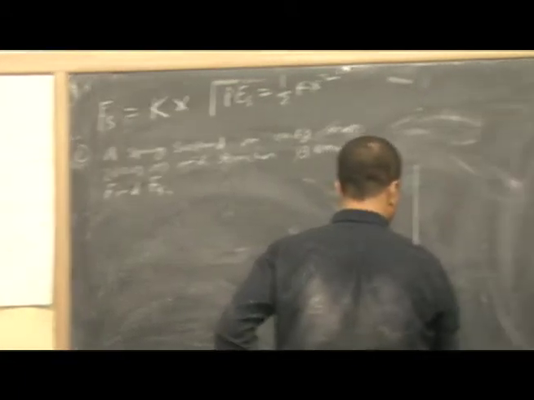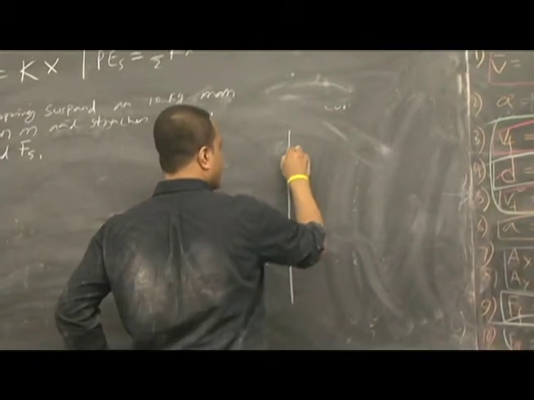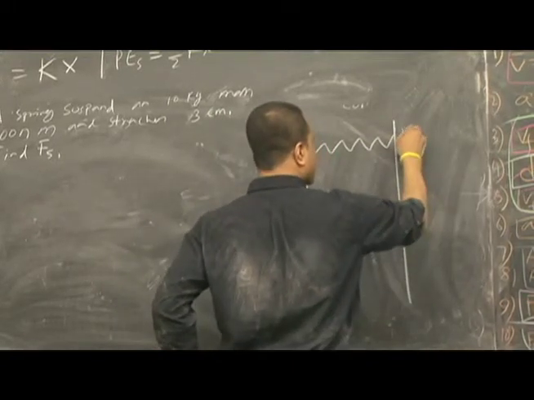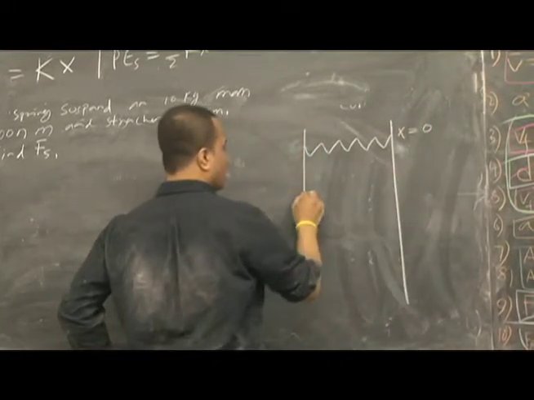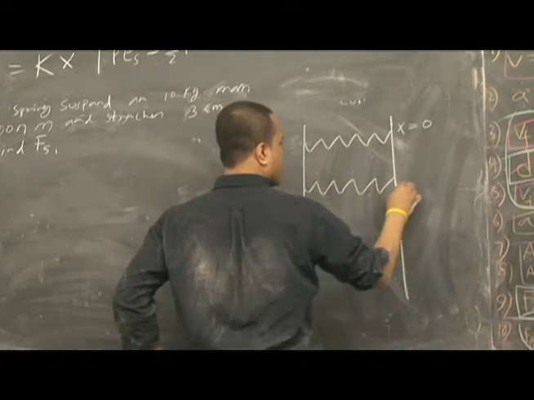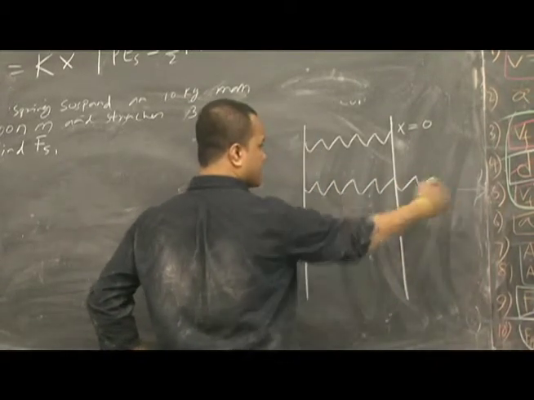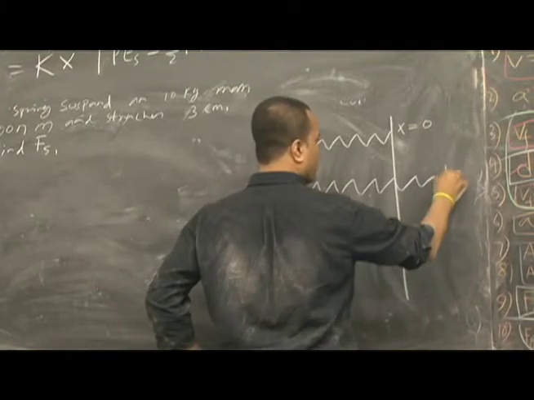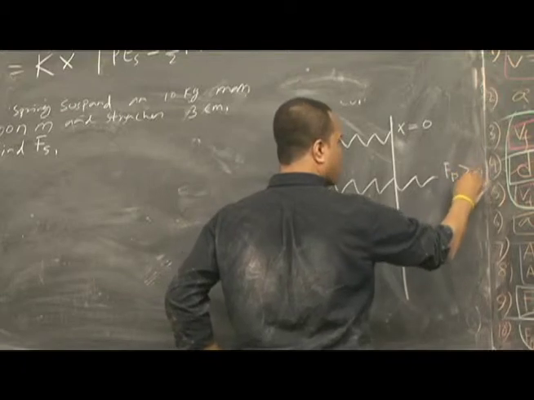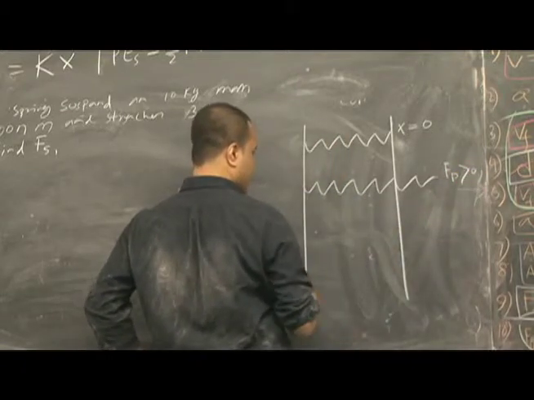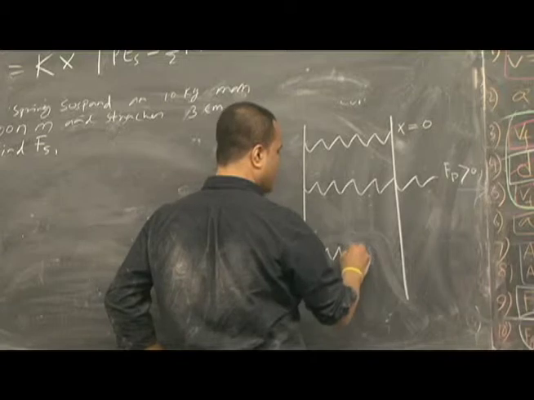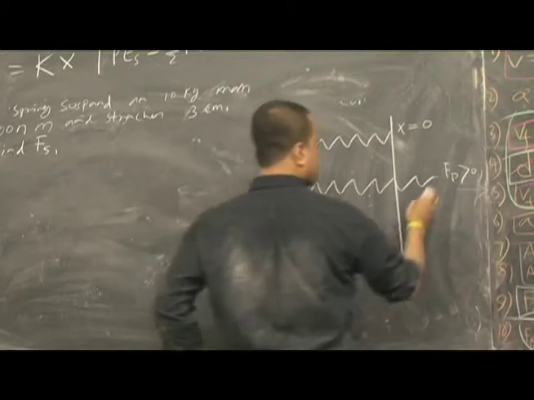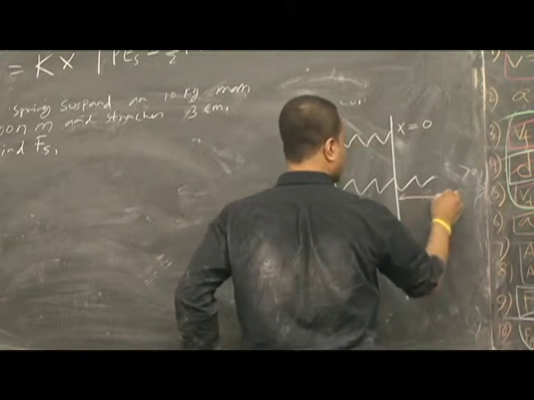Let's try to understand that. If there is a spring, then x is no stretch, 0, and if there is someone pulling it, then it is stretched, and then the force is some kind of positive. If it's compressed, then this is our x, and if stretched, then this is our remaining x.